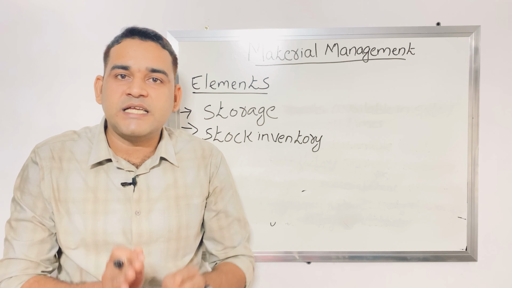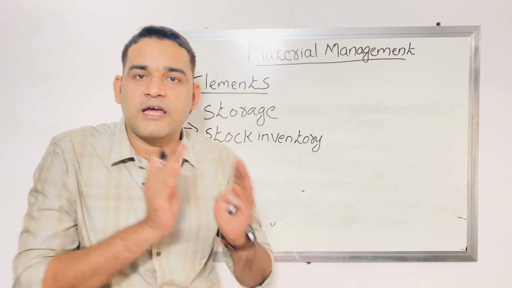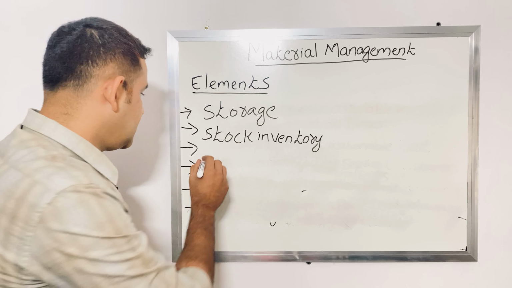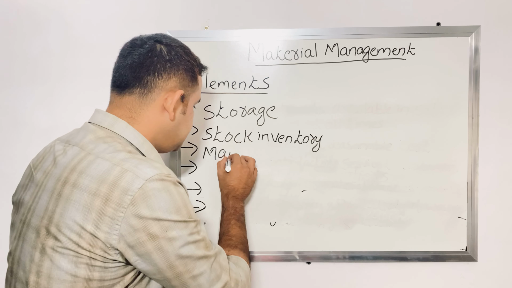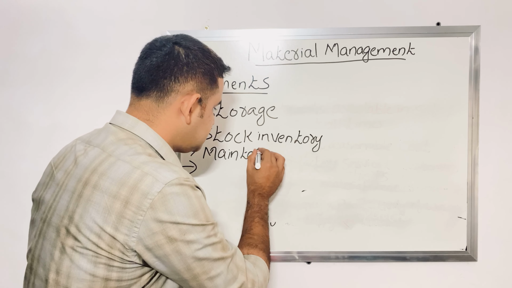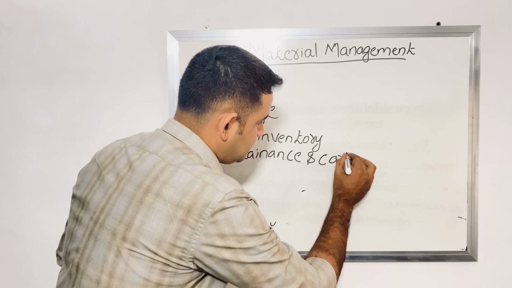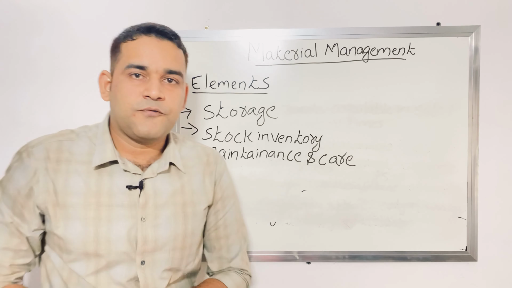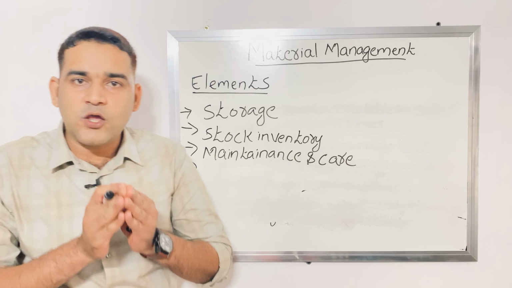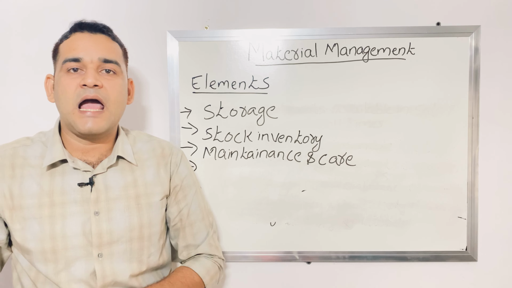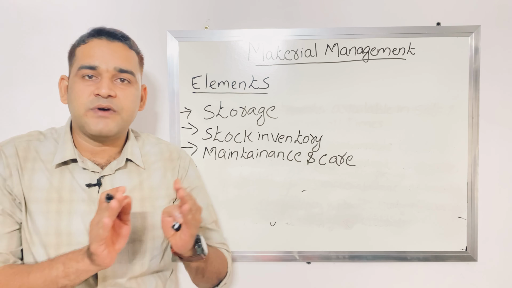Okay. Next one is maintenance and care. Next element is maintenance and care. For every equipment, for every material, maintenance is important and care of that material is very important.